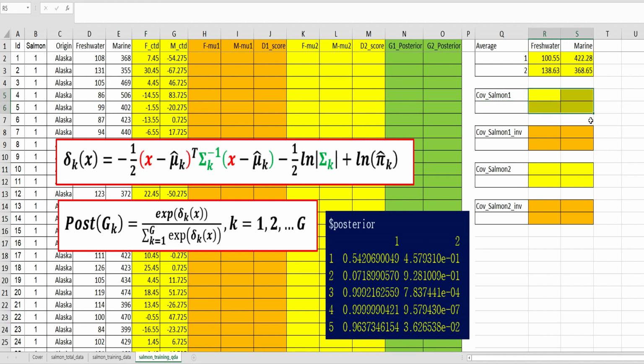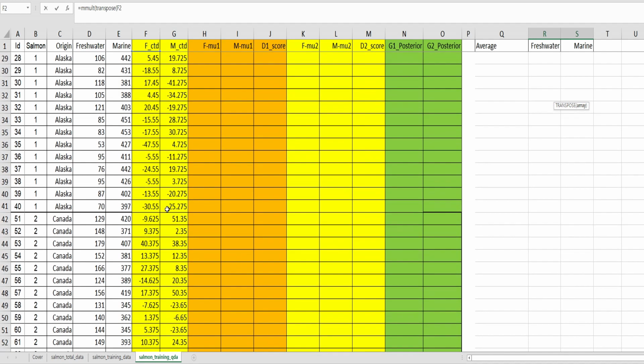So in Excel we can consider MMULT function for matrix computation. MMULT and transpose from column F to column G, and this is for group 1 data.